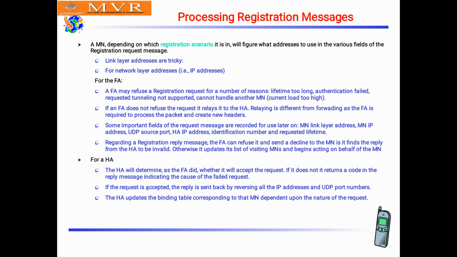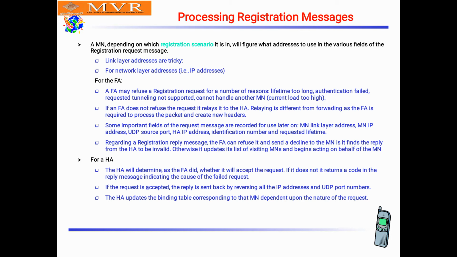And if it is not refused, it relays the request to the home agent. Relaying is different from forwarding, as the foreign agent is required to process the packets and create a new header also. Some fields of the request message are recorded for later use, such as the mobile node's link layer address and mobile node IP address also.